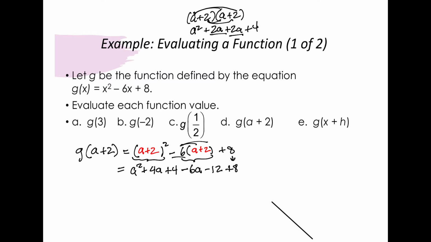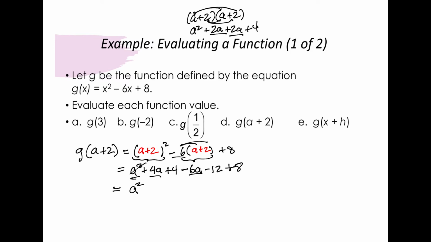So now it's just a matter of trying to get rid of this. Okay, now I have to rewrite plus 8 here. We want to combine any like terms. Well, there's no other a squared term, so that just stays the same. Then I have 4a and I have minus 6a. Those are all like terms that involve a.